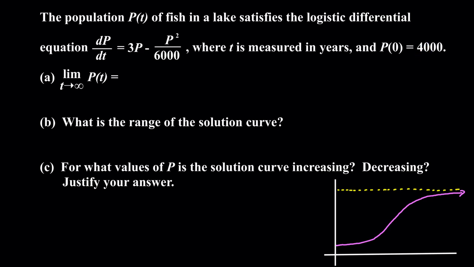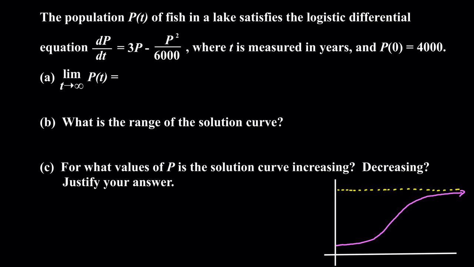All right, so what we're going to do is take a look at several different parts of this problem here. This one is worded a little bit differently on this particular problem. We are given the differential equation, and one of the things we want to think about is what is our formula for our differential equation.